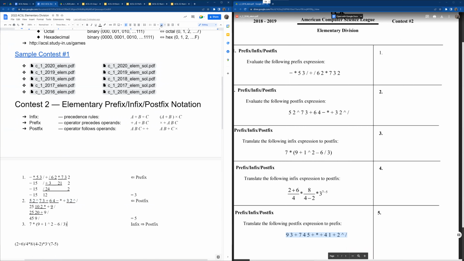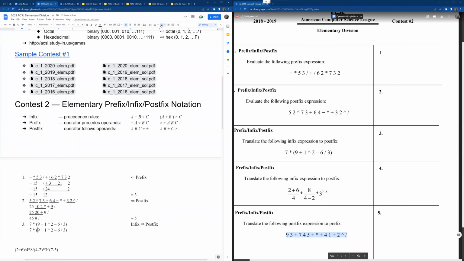So this is infix to postfix, I'm sorry. So what we do with this is that we can copy all the operands down, right?